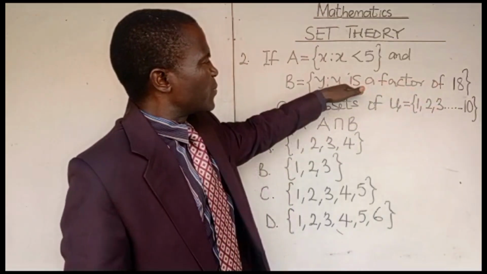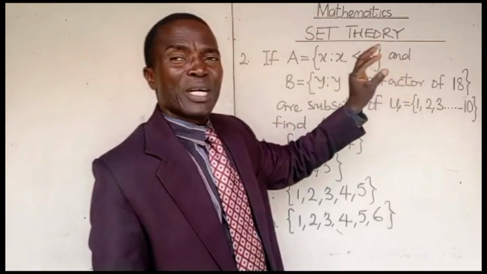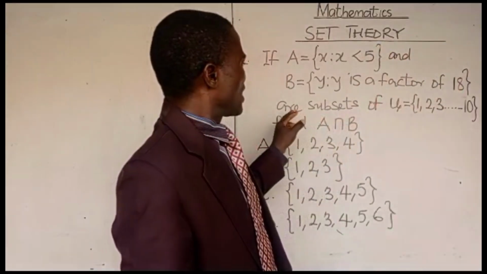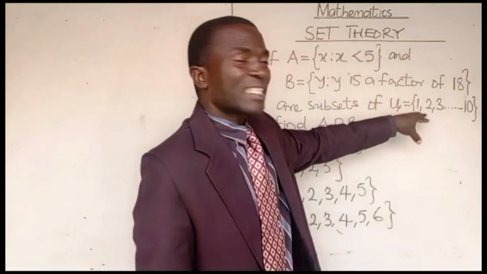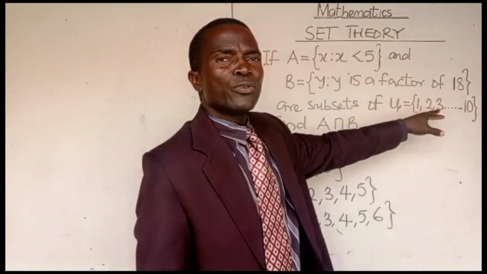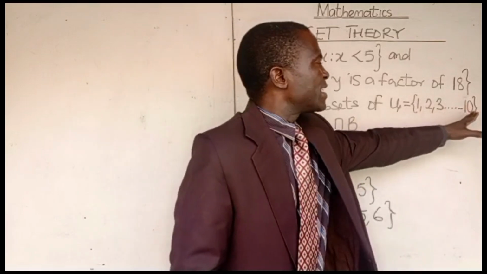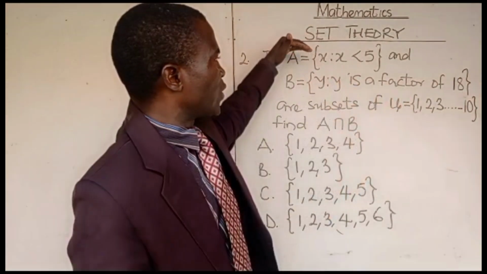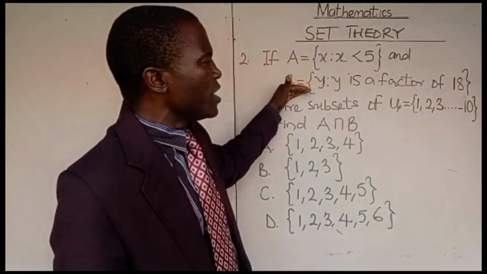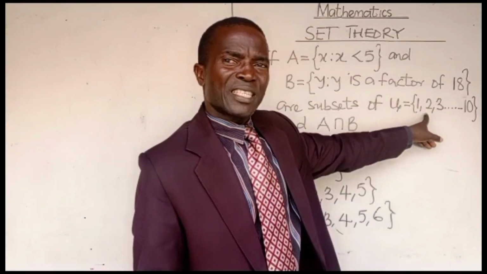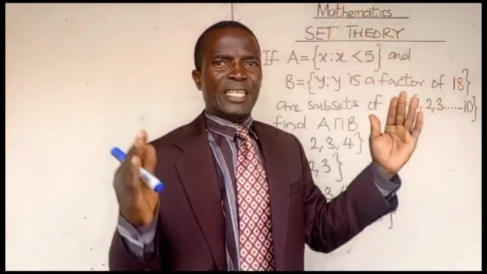So under subset B, we are going to look for numbers that are factors of 18. And the universal set begins from 1, 2, 3, and ends at 10. That means all the figures we are going to obtain for subset A and subset B must not go beyond the universal set, because that is the mother.